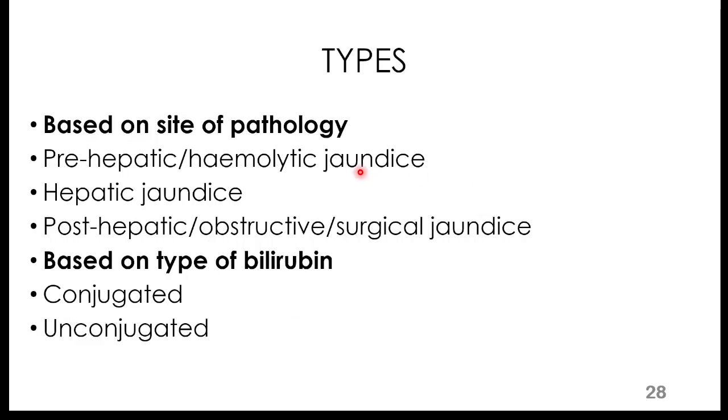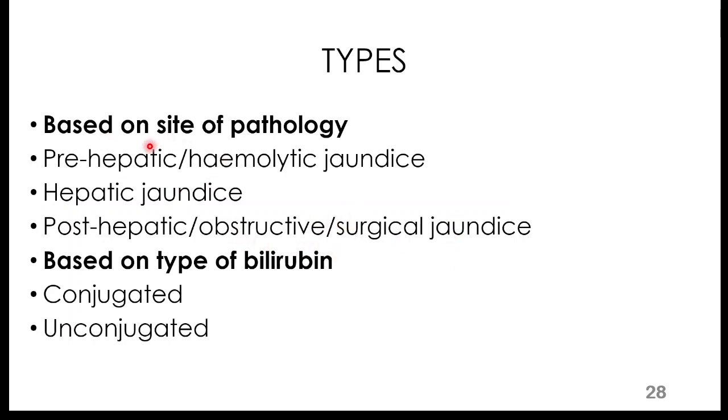Now, jaundice may be classified either based on the site of pathology or based on the type of bilirubin. So based on the site of pathology, we may have prehepatic or hemolytic jaundice, hepatic jaundice, post-hepatic or obstructive or surgical jaundice.